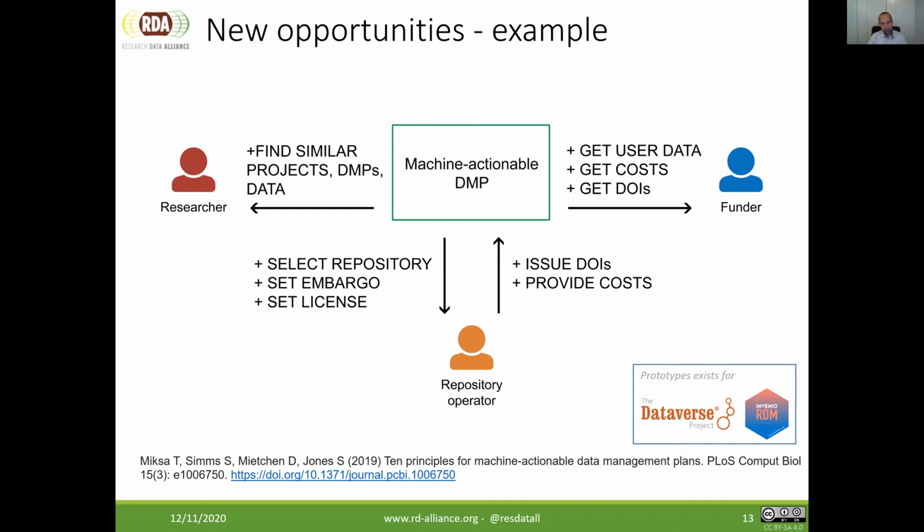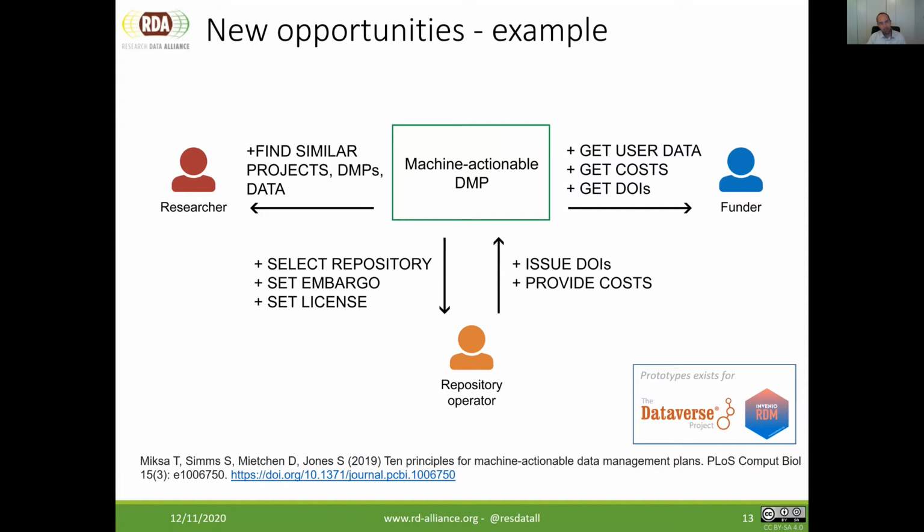And once this information has been put in by a researcher into the machine-actionable DMP, the repository operator can automatically read out this information from the DMP. There is no need for the repository operator to ask the researcher again at the upload of a data set what the license is, what the embargo is, because this can be automatically read from the DMP.